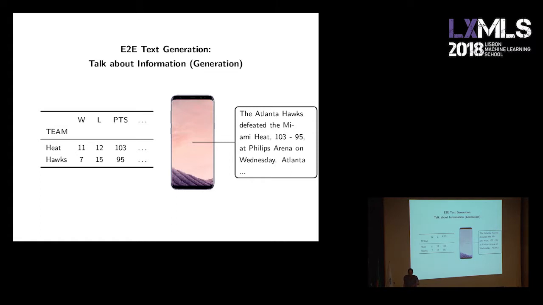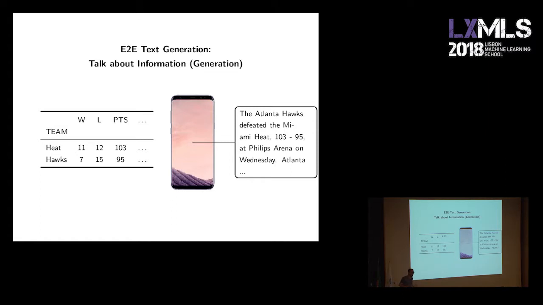One of the fun parts about this problem is that it has aspects of the two previous problems built in. We have to figure out where in the table the information we need to generate is, but we're also going to be able to copy information directly from the table itself. So we have some aspects that are generating text, some that are finding content, and some that are using that content in the text itself.